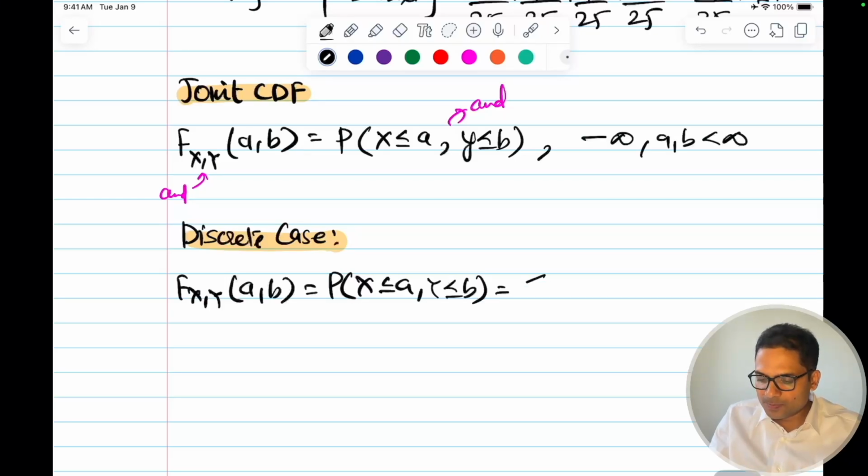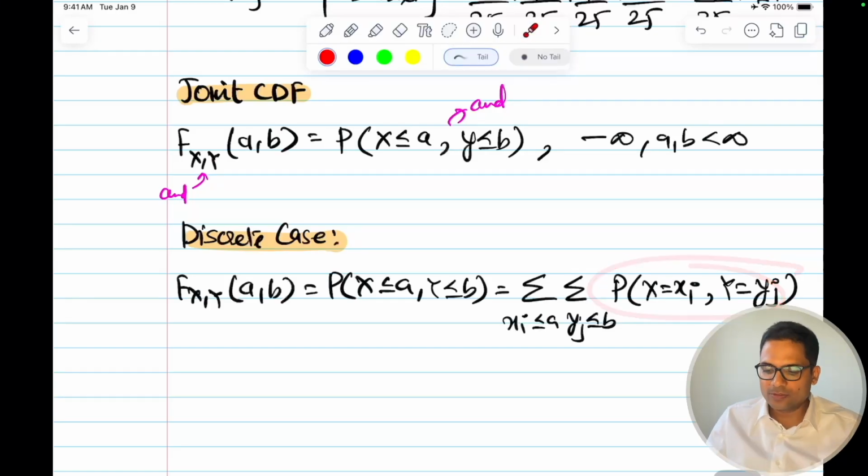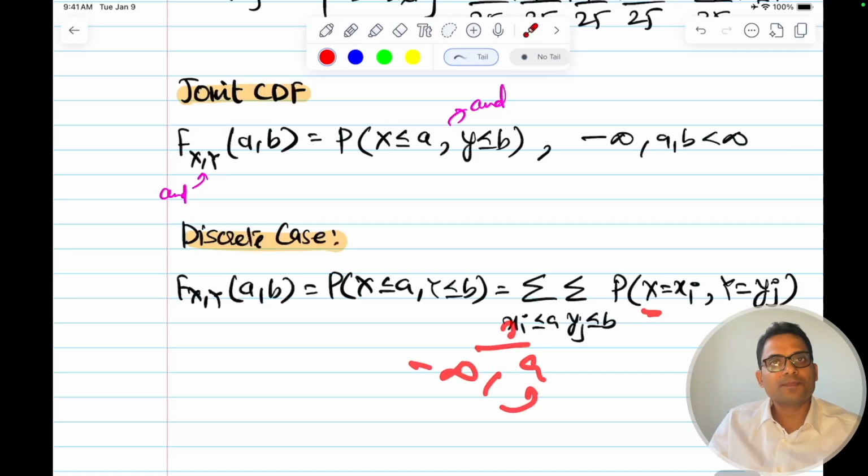How do we write it? Summation over xi less than or equal to a, and summation over yj less than or equal to b, of probability of x is equal to xi, comma y is equal to yj. So this will sum up for all the values less than or equal to a, so xi will run from whatever values x can take, from minus infinity till a.